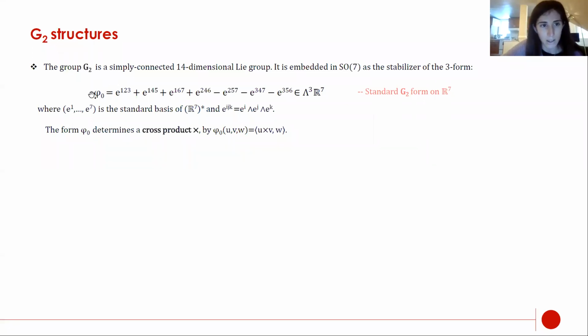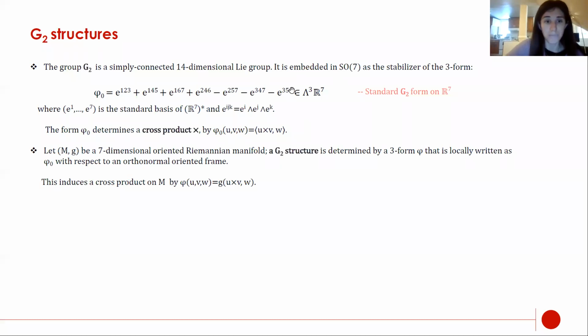Here I wrote this three-form with the standard coordinates of R^7, but what is interesting is that it encodes a cross product on R^7. And this three-form is just the contraction of the cross product of R^7 with the scalar product.